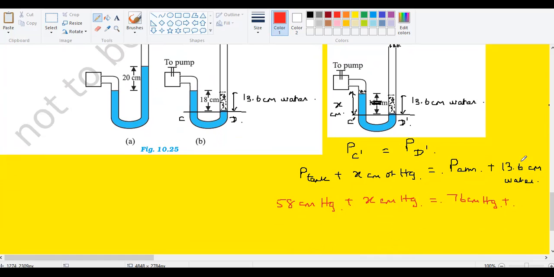I know that the reason why they have given it as 13.6 is because the relative density of mercury is 13.6. So what this means is density of mercury over density of water is equal to 13.6, because relative density.